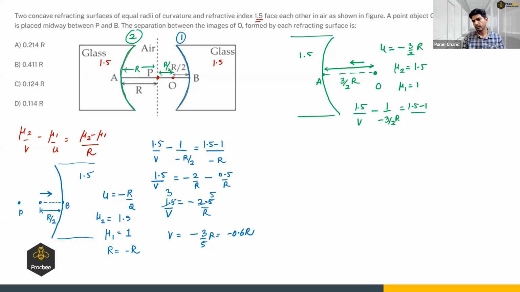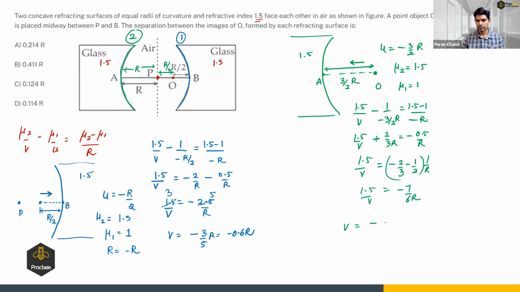Because in order to measure the radius of curvature, we have to travel in the right direction from A. So minus R. So 1.5 by V plus 2 by 3R is equal to minus 0.5 by R. So 1.5 by V is equal to minus 2 by 3 minus 1 by 2 times 1 by R. So that will be minus 7 by 6 R. So V comes out to be minus 1.5 times 6 by 7 times R, that will be 9 by 7, right?